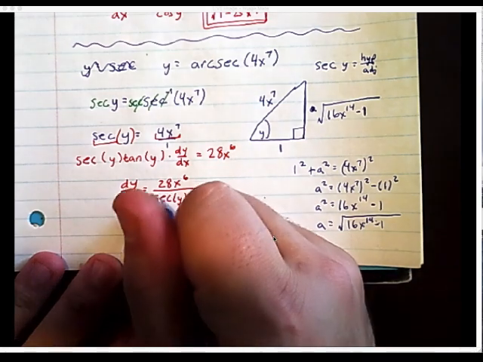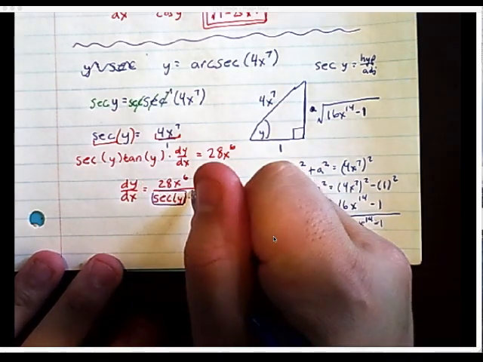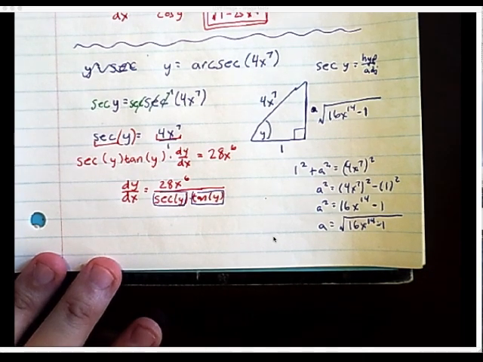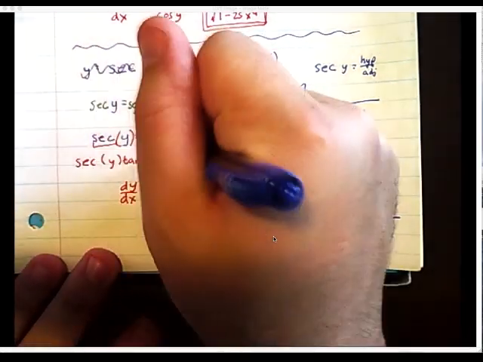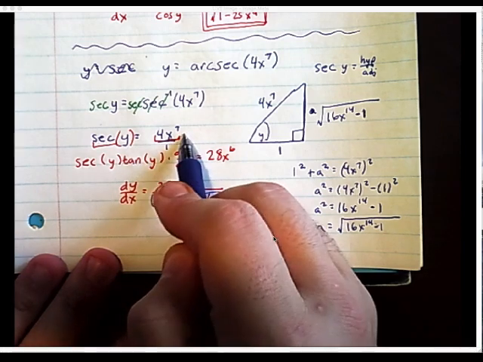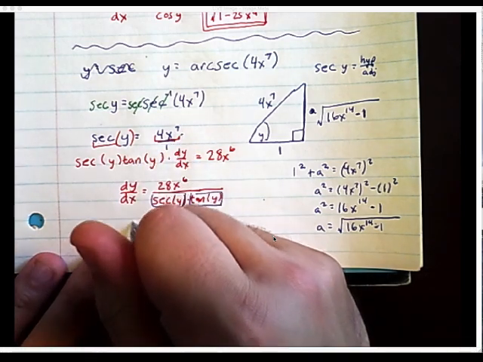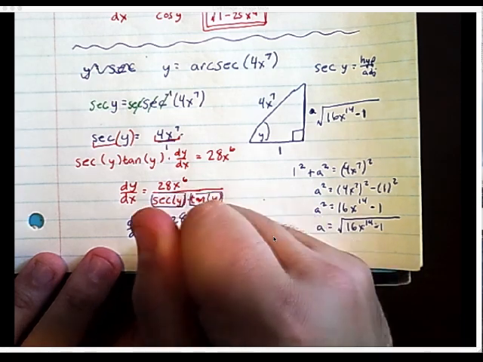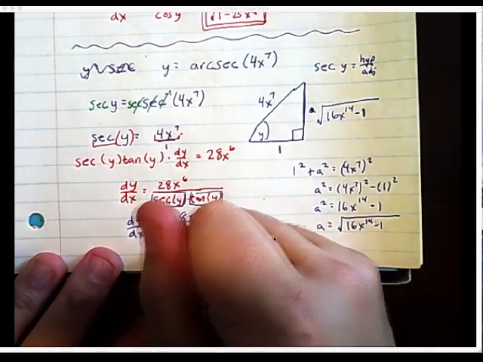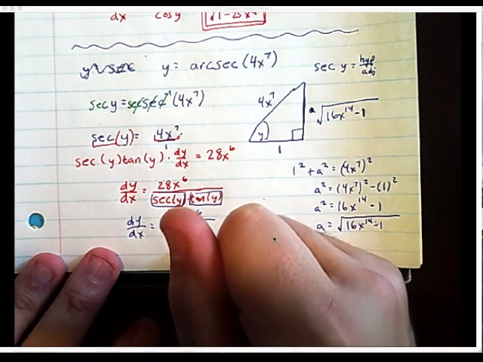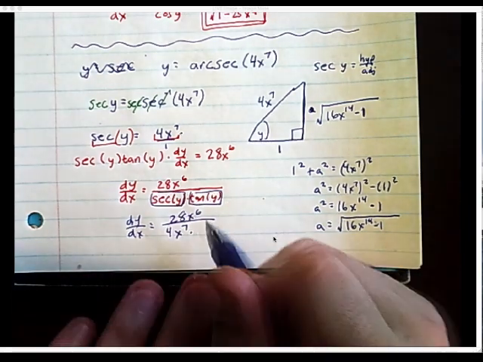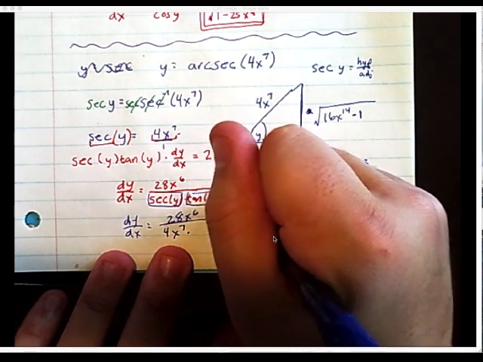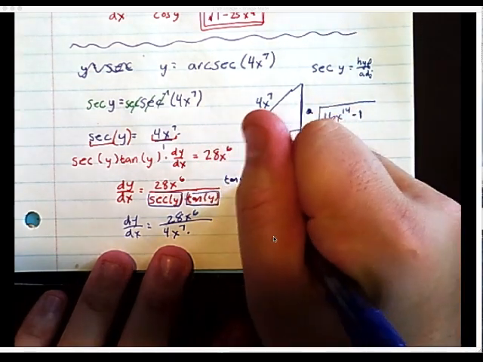So now we can replace stuff. Let's make substitutions for that. I already know from up here that the secant of y was equal to 4x to the 7th. So I have 28x to the 6th over, what was the secant of y? It was 4x to the 7th times, what's the tangent of y? How do I figure out tangent of y? Well, tangent is opposite over adjacent.